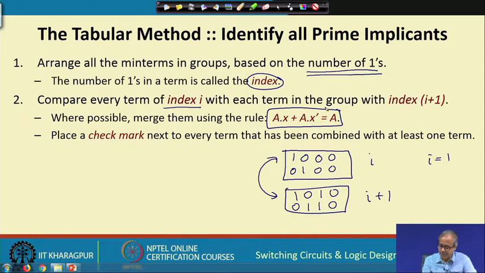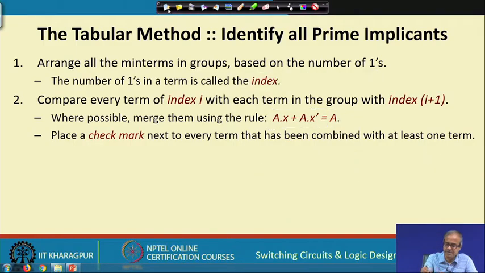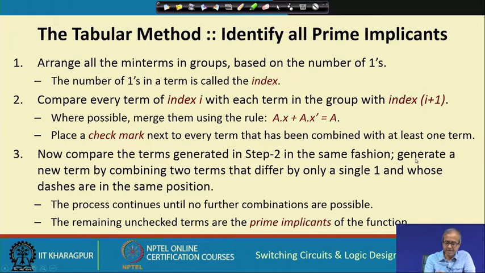Now, if you are able to apply this rule, for example, here there was 1 0 0 0, here was 1 0 1 0, it was differing in one position, you could have applied. If you are applying, you put a check mark against the two elements, tick tick, that means you have applied the rule here. After you do this step 2, you compare the terms which have been generated in the same fashion.